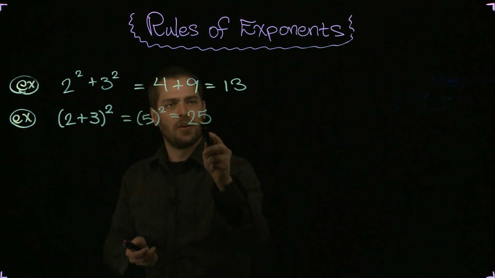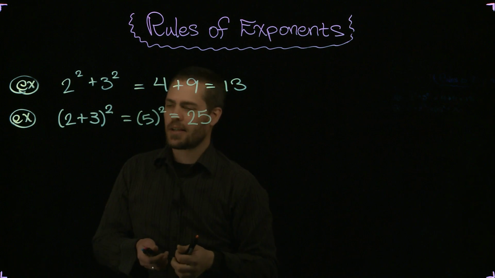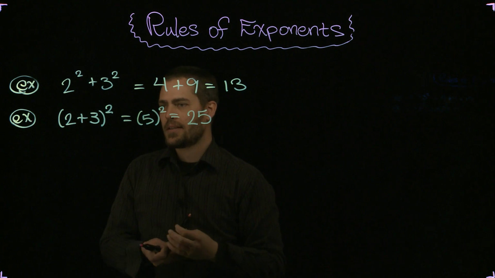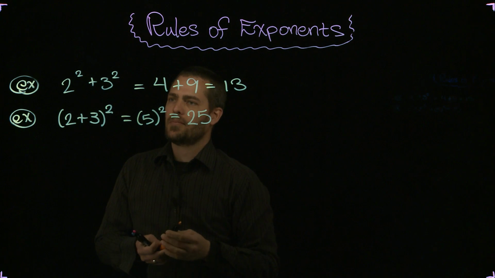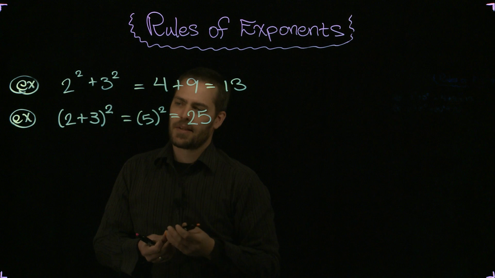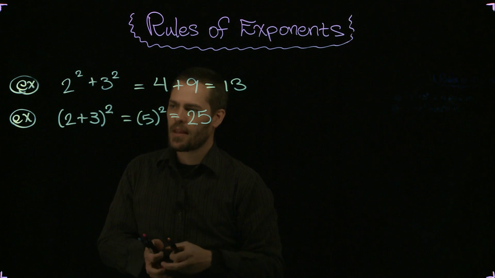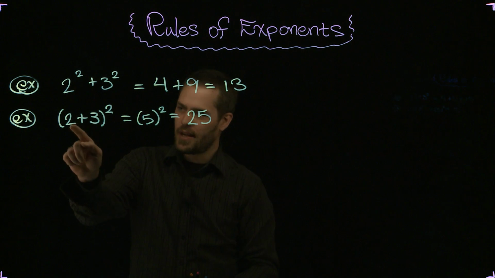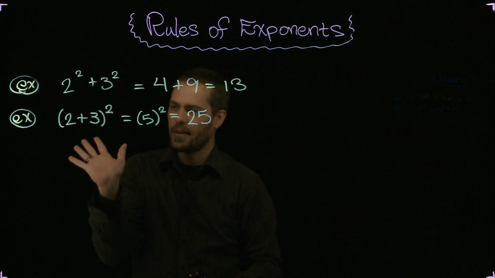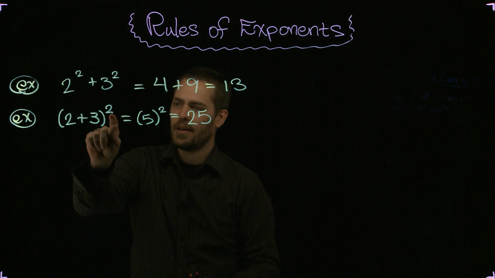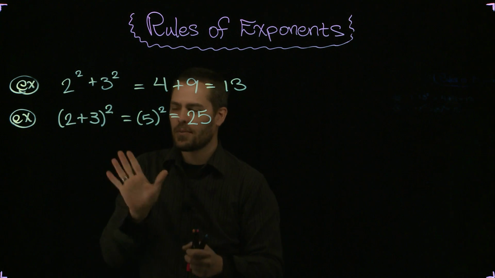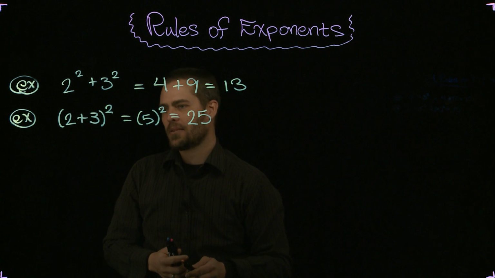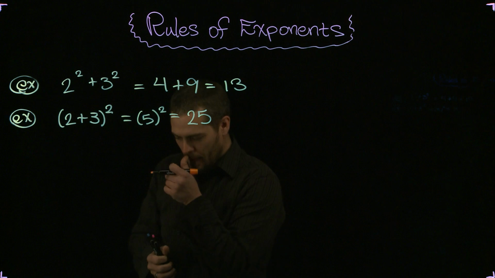I just wanted to drive home that this really does give you a different answer, and generally speaking, it does. There may be a case where you get the same answer and you can have fun with that. But remember, if there's a plus sign here, if you have an x and a number or something like that, you cannot distribute the power to the powers. Only when they're being multiplied, only when it's a product, okay?